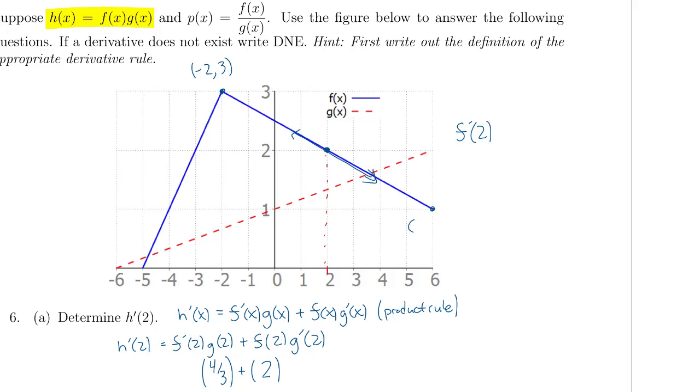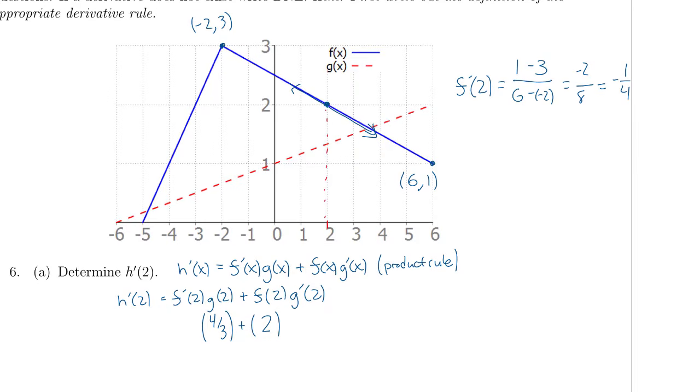I'm going to choose the points where the grid lines intersect, so the point 6, 1, and the point -2, 3. Calculating the slope, we get the slope of the tangent is -1/4, and remember the slope of the tangent is precisely the value of the derivative. So this gives us that f prime of 2 is -1/4.